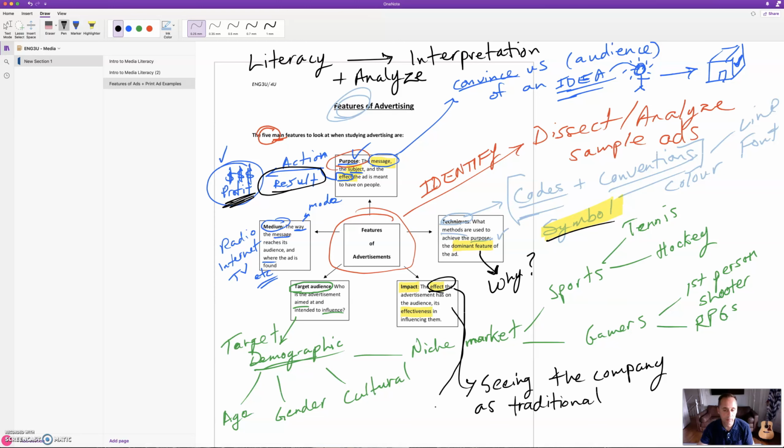Maybe it's seeing the company as having integrity. Or maybe it's being cutting edge. Whatever they want you to think about their company, right? Like Nike for sports is often about greatness.